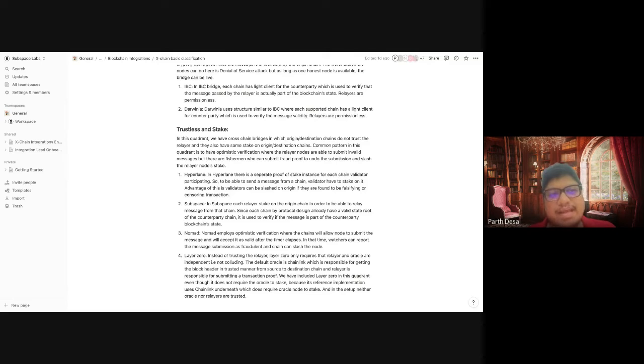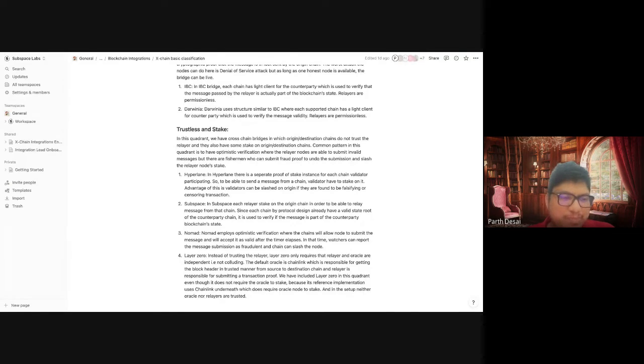Now the last entry, LayerZero, is kind of unique. If we strictly go by the technical design, LayerZero is not part of trustless and stake, because LayerZero does not require a relayer and oracle to stake. But I think the majority of people are going to end up using the reference implementation, in which the oracle is Chainlink, and Chainlink does stake on their own nodes.